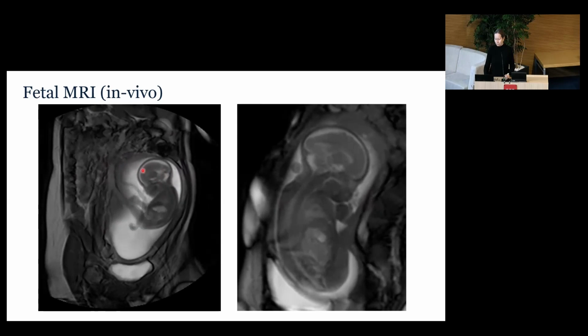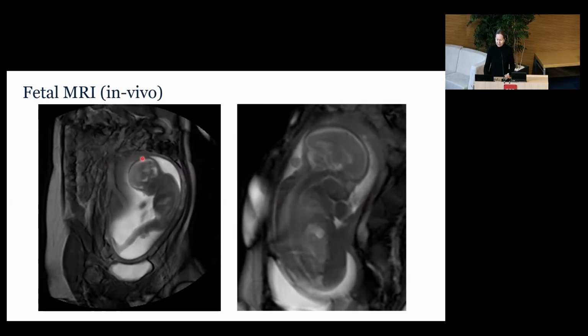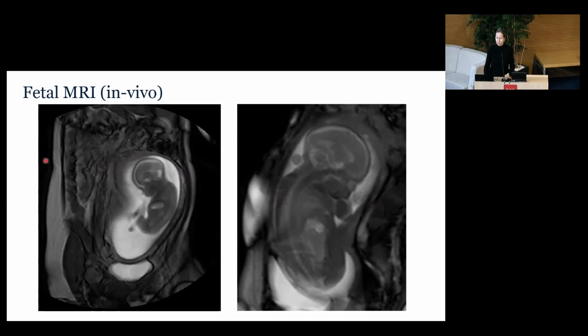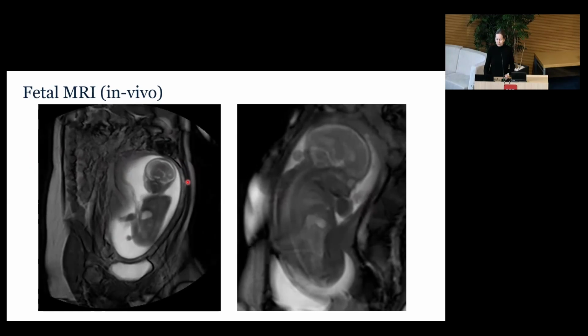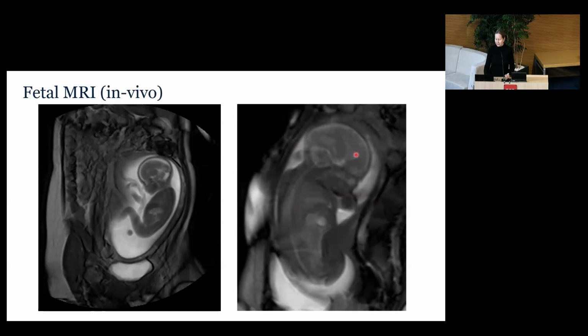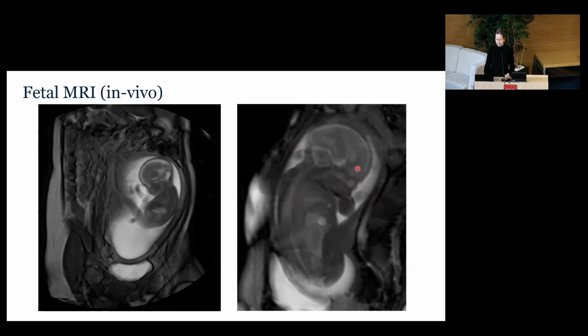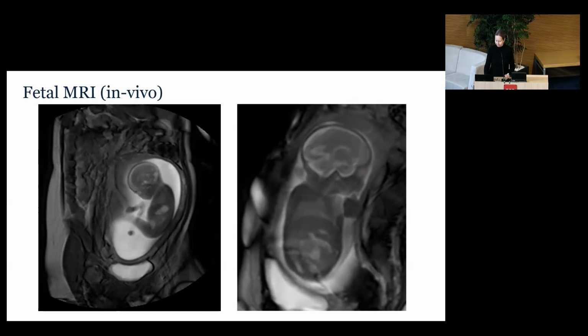Then for the resolution, we are imaging this tiny brain, but MRI has to have a large field of view because all of the mother is in the image. So we have really difficult conditions for imaging. This baby is a little older, so it's a bit bigger brain and doesn't move as much. So they are a little bit easier to reconstruct.